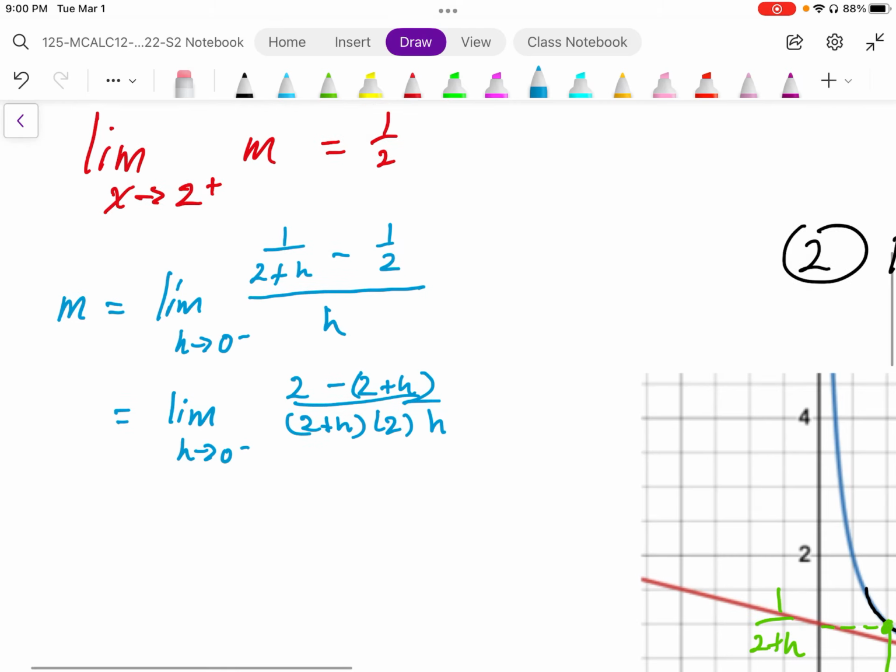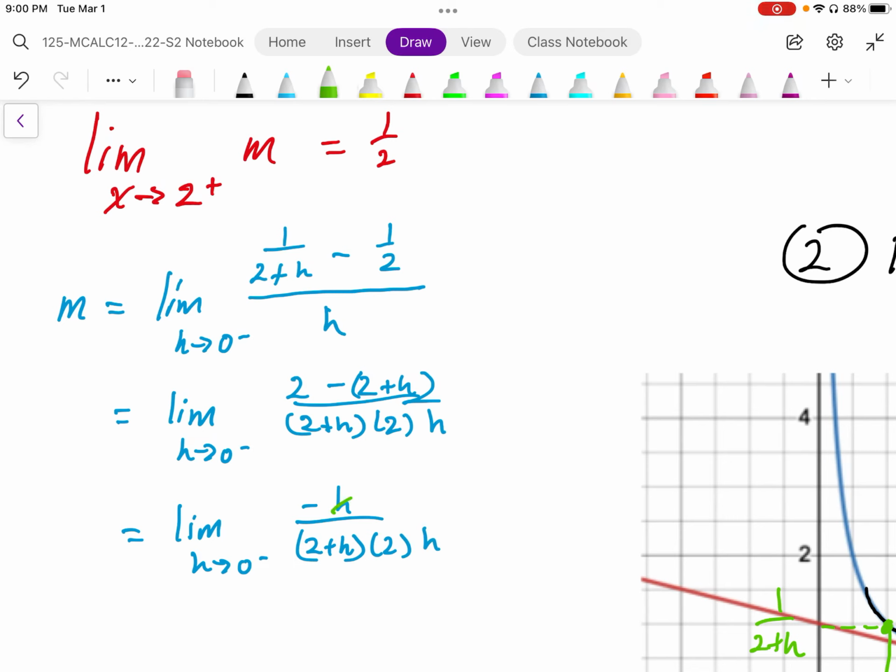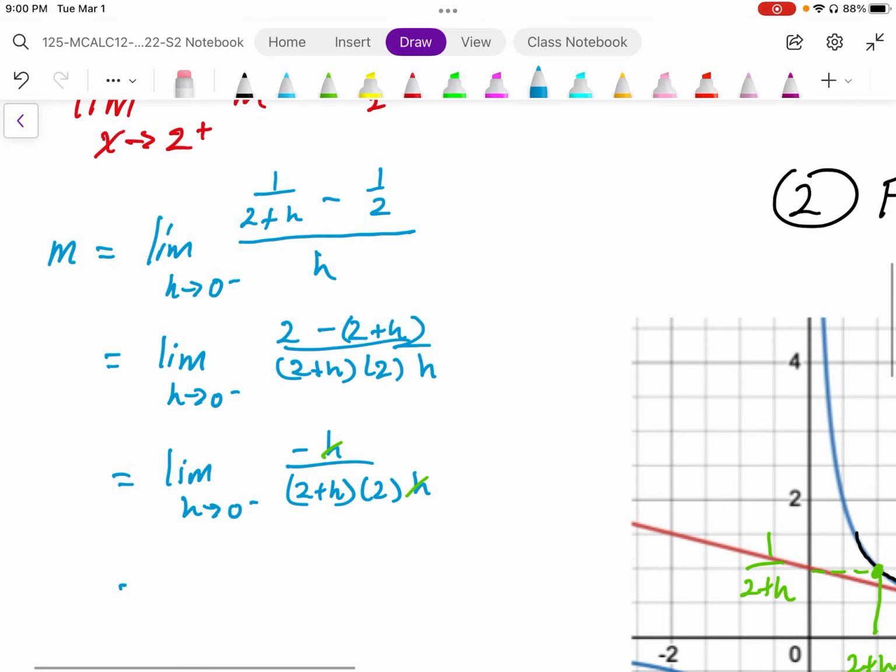And when things cancel out, we get the limit as h approaches 0 of 2 minus 2 minus h over 2 plus h times 2 times h. Those h's cancel out, and I can now do the limit. So we get the limit as h approaches 0 from the negative side, negative 1 over 4.